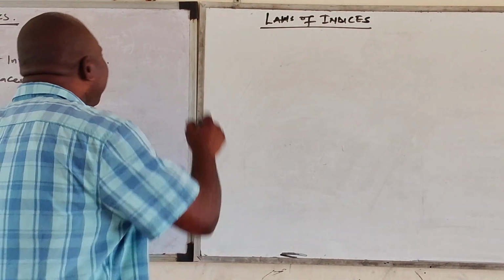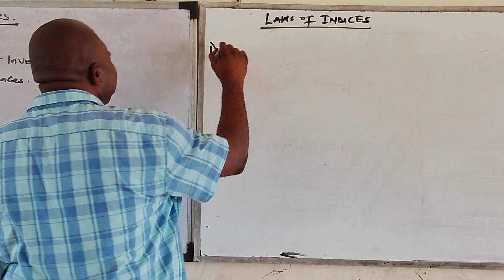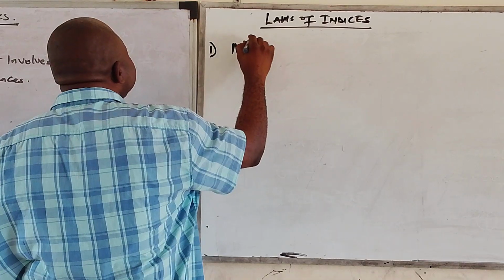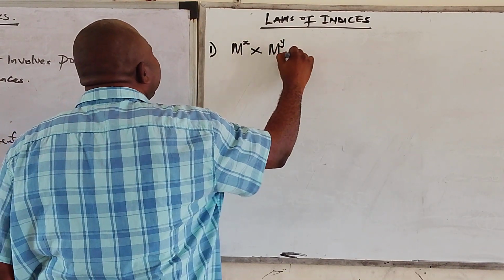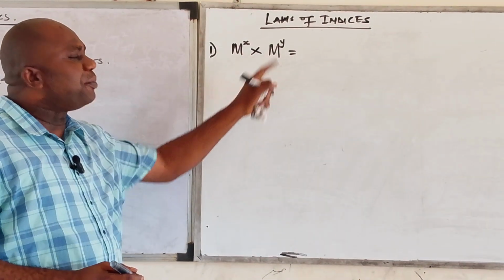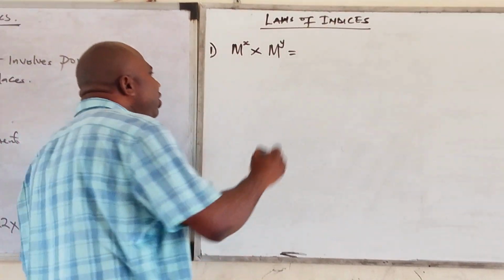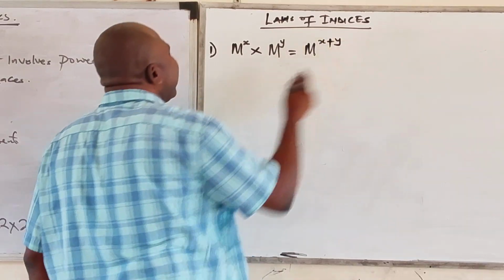Now, let's look at the first law of indices. The first law of indices states that m raised to the power of x times m raised to the power of y is equal to m raised to the power of x plus y.